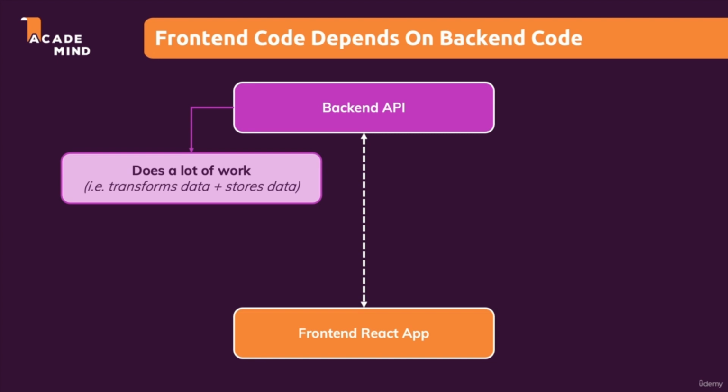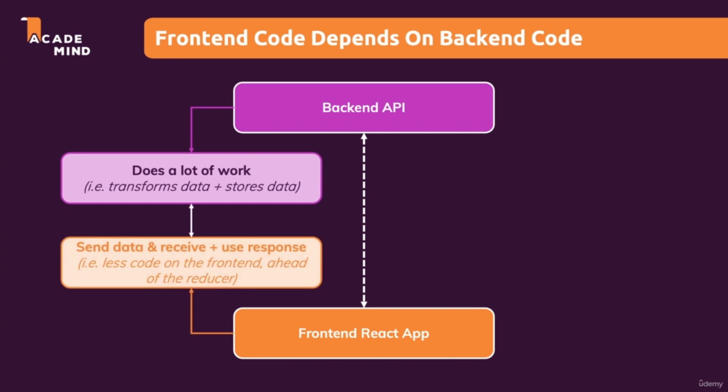It could just send data, like the data for a product that should be added to a cart. It could send that data to the backend, let the backend do the transformation, and then use the response on the front end to just hand it off to the reducer, for example, to store that response.